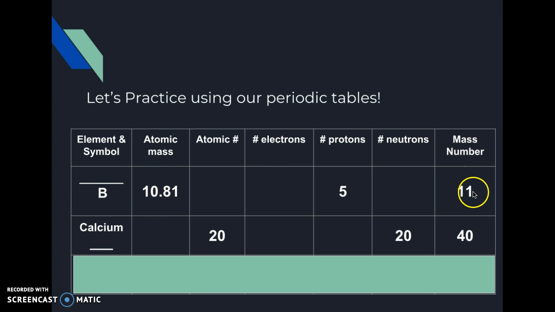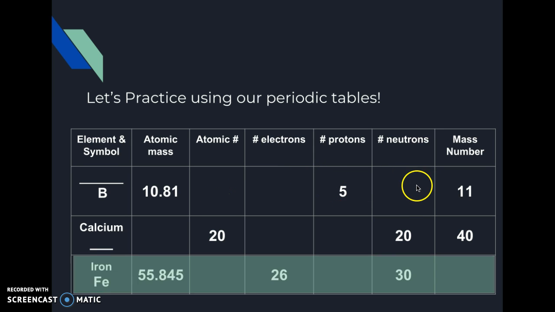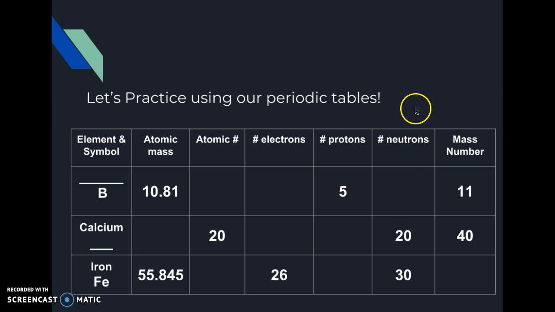So if I take my mass number and I subtract away the number of protons, which is 5, I'll be left with the number of neutrons. So boron has an atomic number of 5, it has 5 electrons, and it has 6 neutrons.